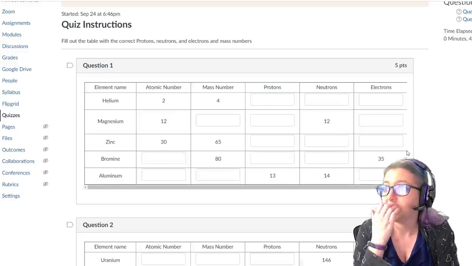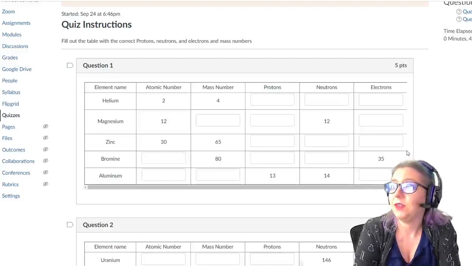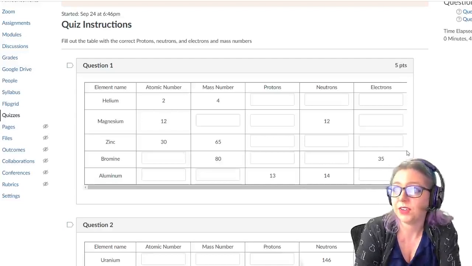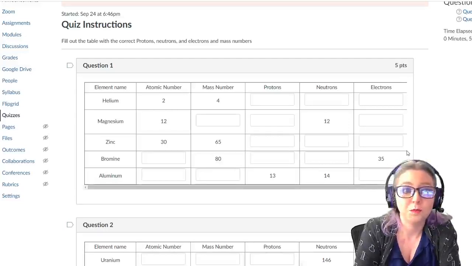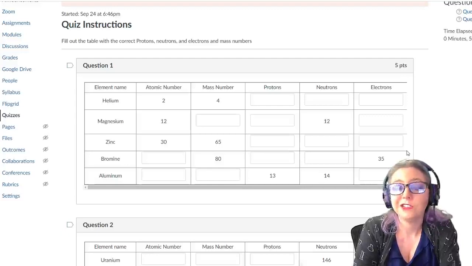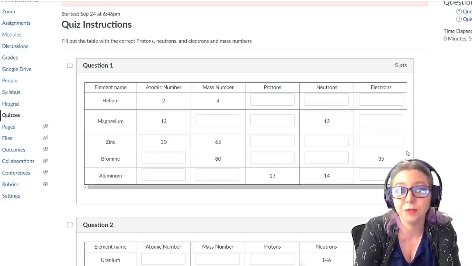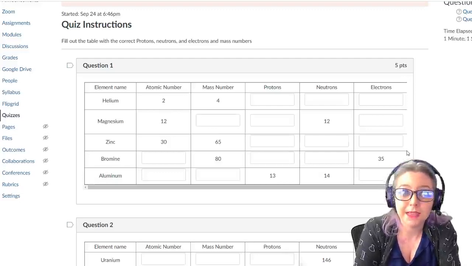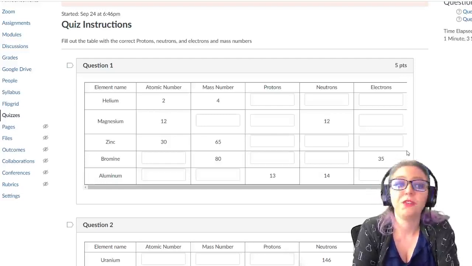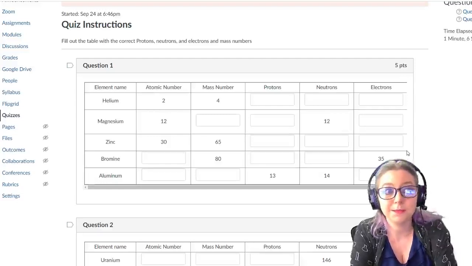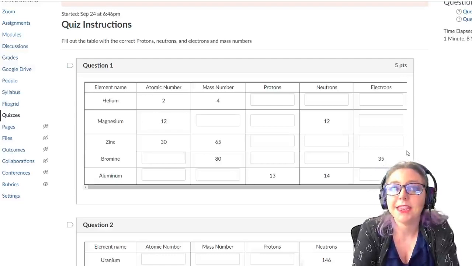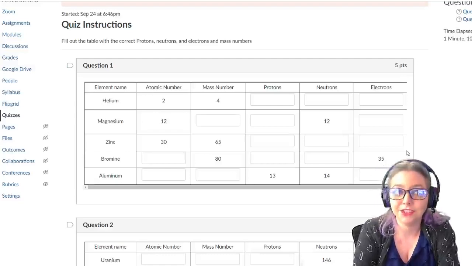I'll tell you right now that the number of protons for helium is 2. But if you enter it in wrong, what Canvas thinks is wrong, it might count it as wrong even though the answer is 2. So if you put in space 2, or if you hit 2 and then you hit the space bar, it might think that that's a different answer than just 2.